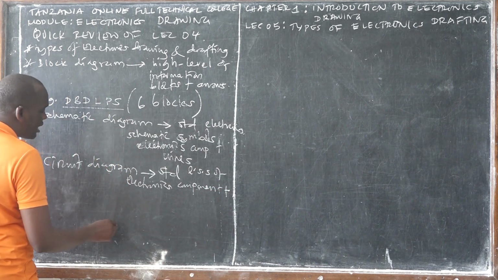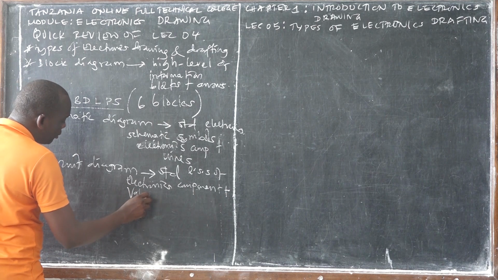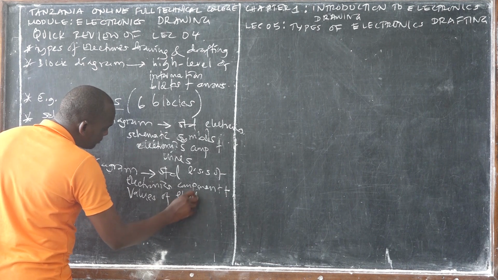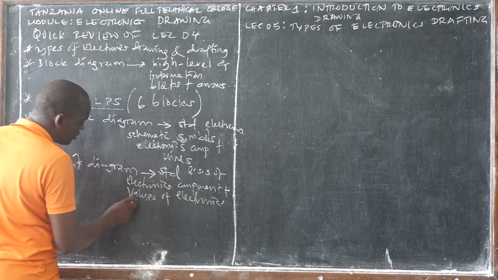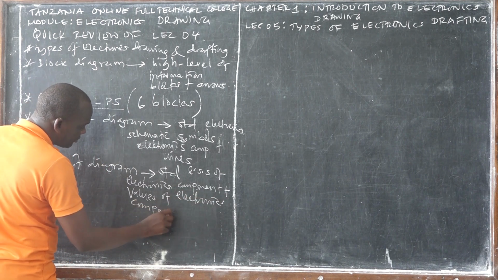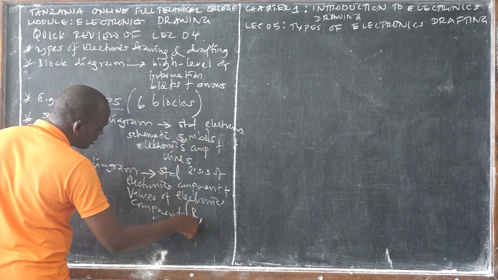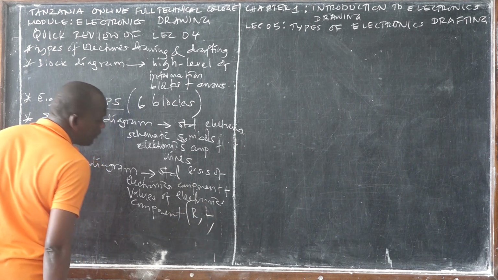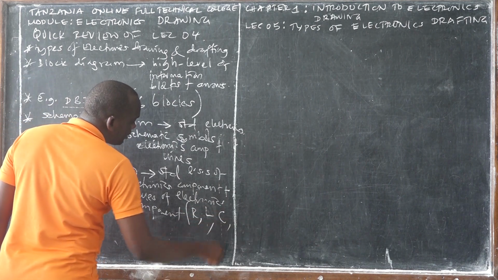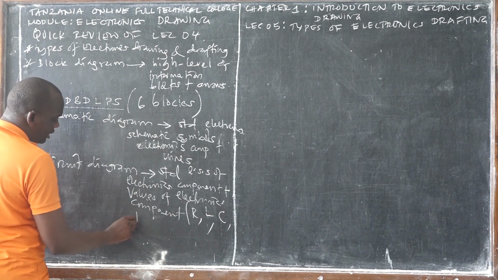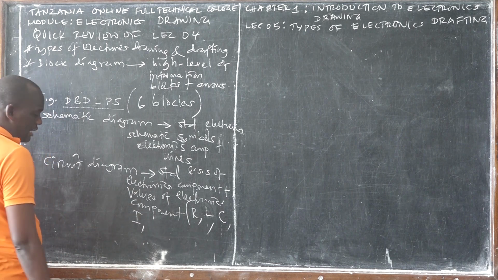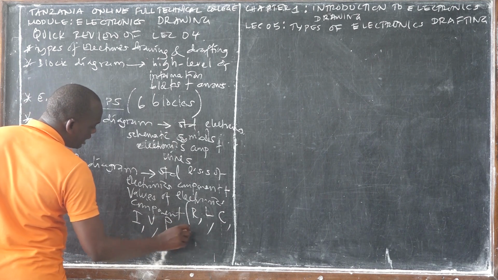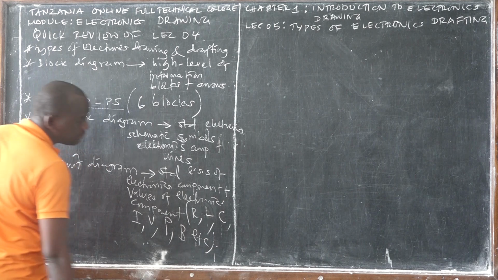These additional features mean that it also includes values of electronics components, such as resistance, inductance, which we call L, capacitance, current, voltage gain or voltage, power, and so on.